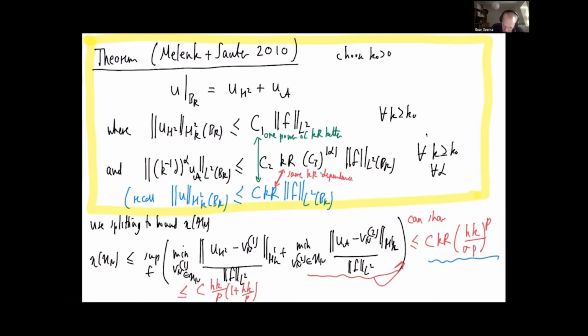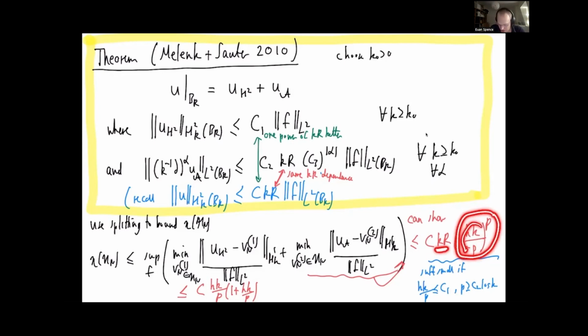So I've got this bad factor k, but I can get rid of it by taking p large. So this is sufficiently small if hk over p is sufficiently small to make this quantity less than 1, and then if p grows logarithmically with k, this factor kills k.